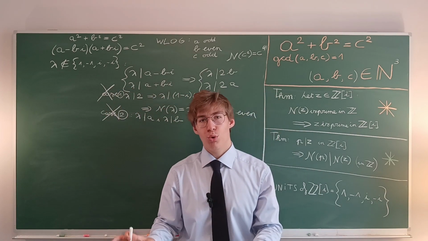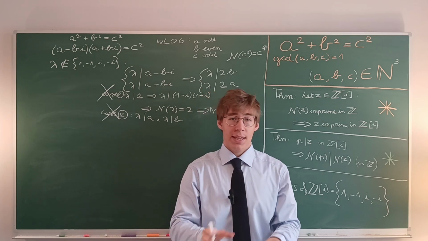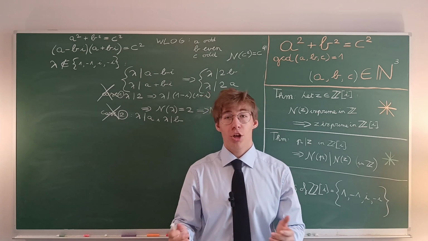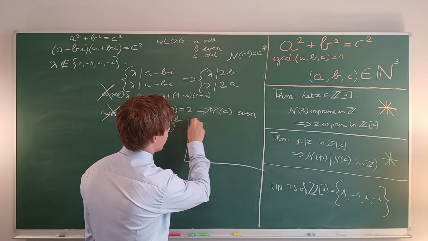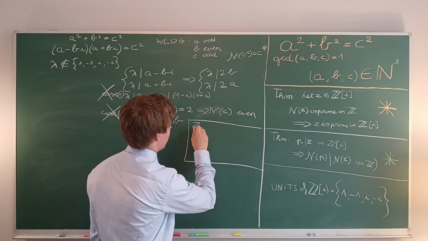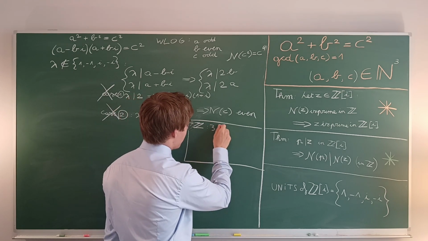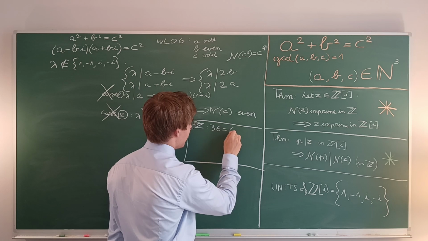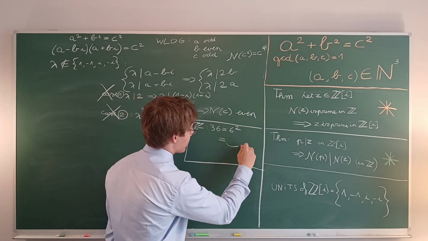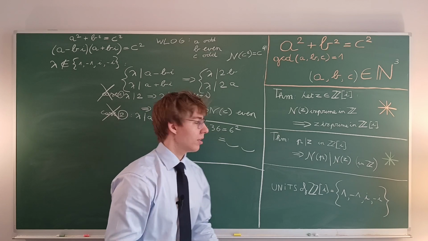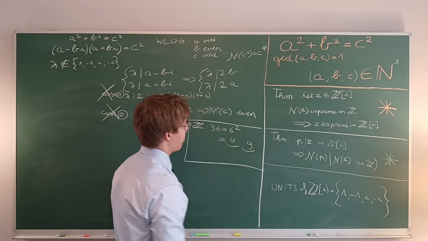If you multiply two co-prime integers and it gives a square, that means that they are both a square up to a unit. Let's look at this in Z. 36 is a square. It is 6 squared. Now if this has to consist of two factors that are co-prime, it has to be 4 times 9.